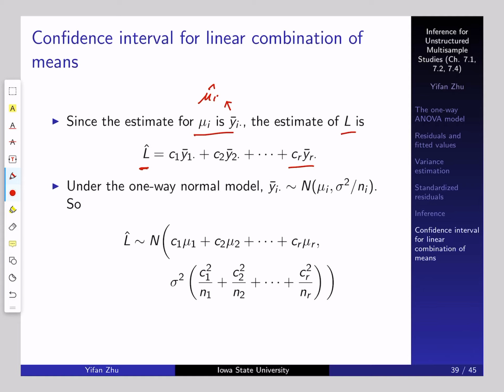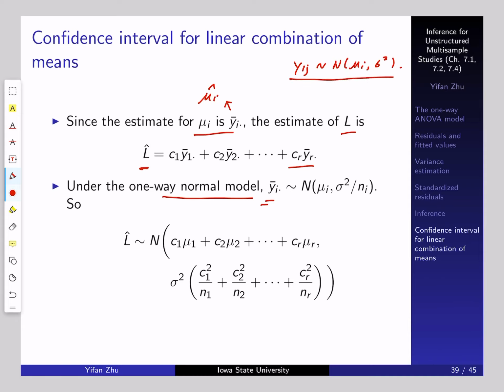Under the one-way normal model, the Yij are normally distributed with mean mu i and variance sigma squared.